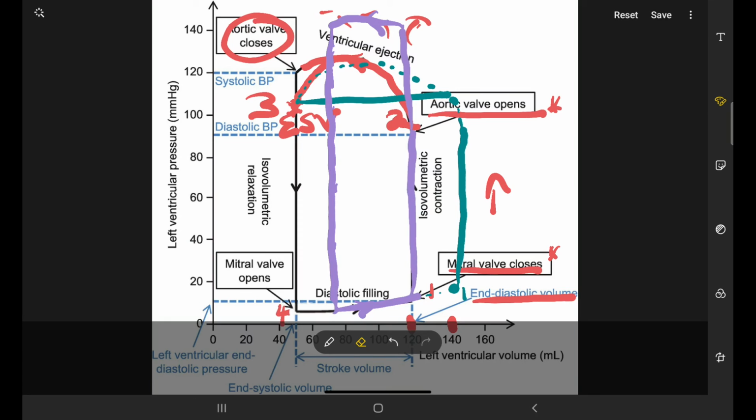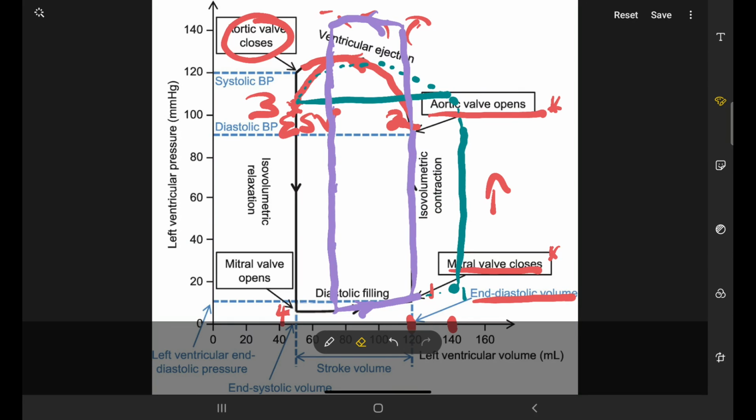The last loop that I wanted to talk about is increased contractility, and I'd like you to go to Ganong and just see how that affects this loop. You can start by ensuring that you know that the ventricle has developed a greater tension during systole, and so you will see an increase in the amount of stroke volume.